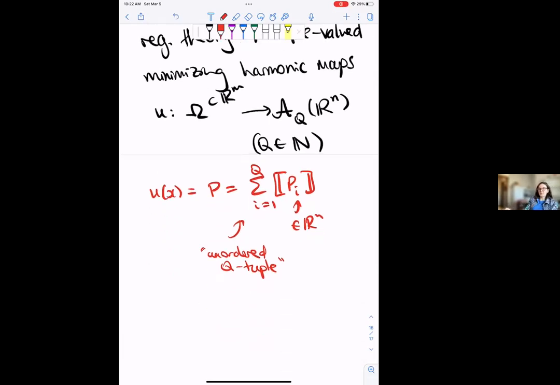But as I suggested, the space comes with a topology, where the distance between two Q-tuples is like you take the optimal little L2 distance over all possible permutations. So you take the infimum over all possible permutations of this.